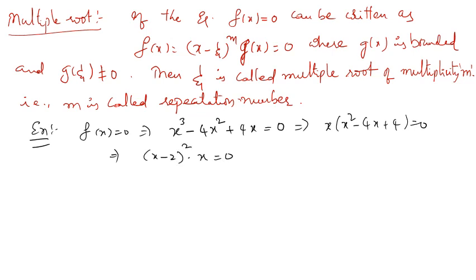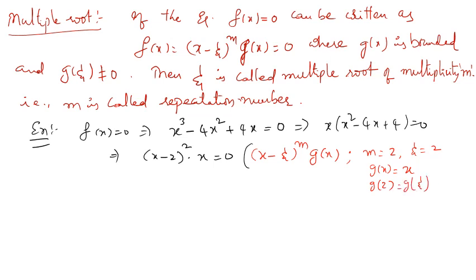What is the structure? It is of the form x minus xi whole to the power of m into g of x, right? Here m equal to 2, xi equal to 2, and g of x equal to x. So what is g of 2? G of xi, that is equal to 2, not equal to 0.